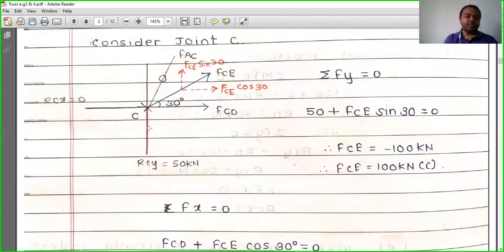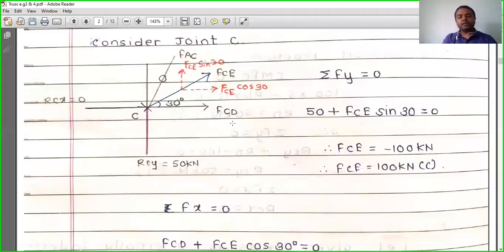At joint C, this reactive force is there from the support. This FAC has zero force. FCE is to be found out, and FCD is to be found out.